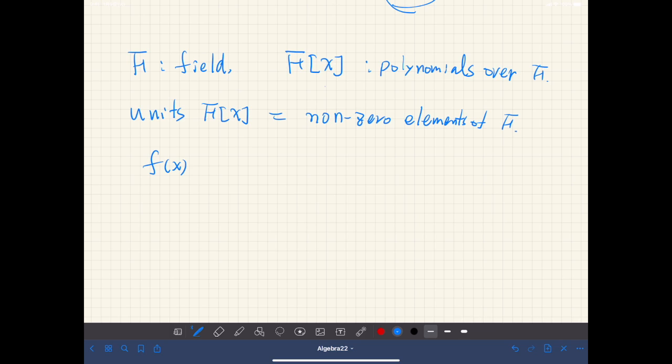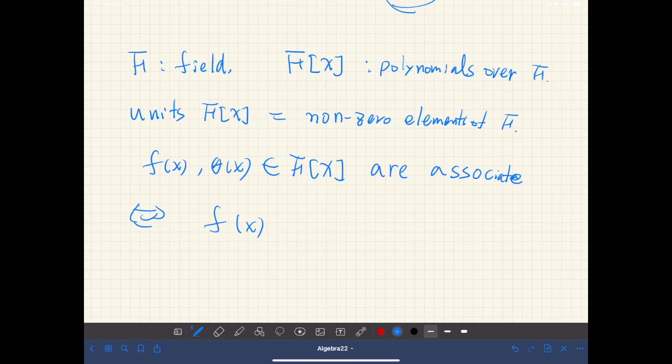So that means if f of x and g of x are polynomials over F, then they are associates if and only if they are related like this: f of x equals c times g of x for some c in F, and c is not equal to 0.